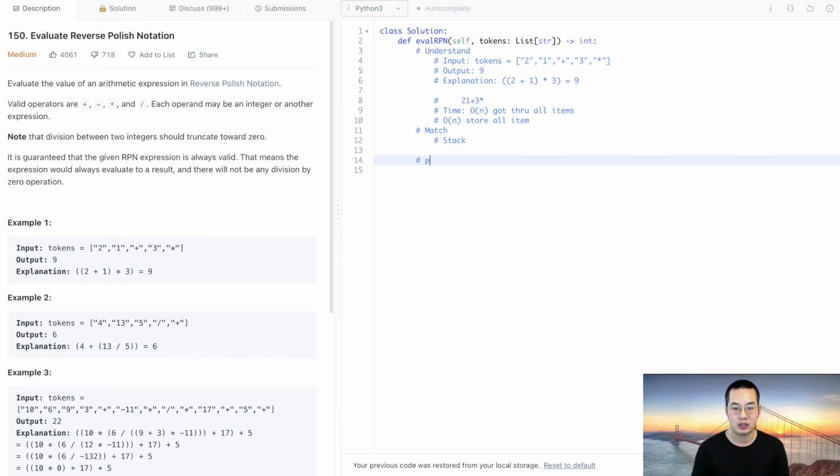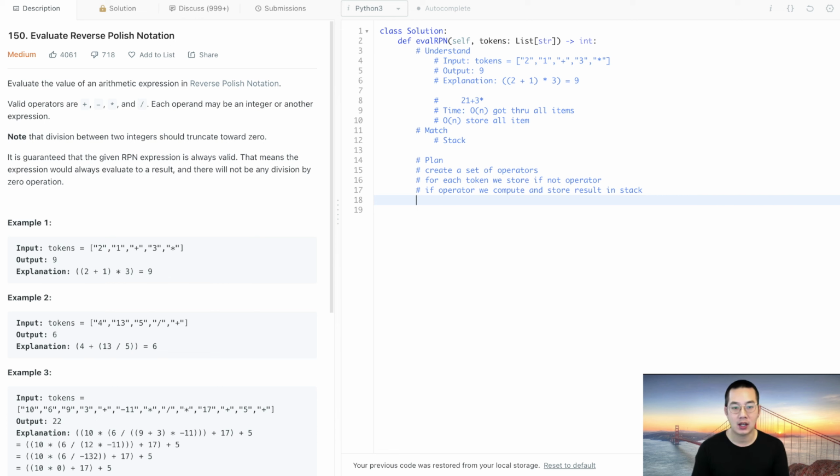Here's the plan: we create a set of operators, and for each token, if it's not an operator, we store it; if it is an operator, we compute and store the result in the stack.